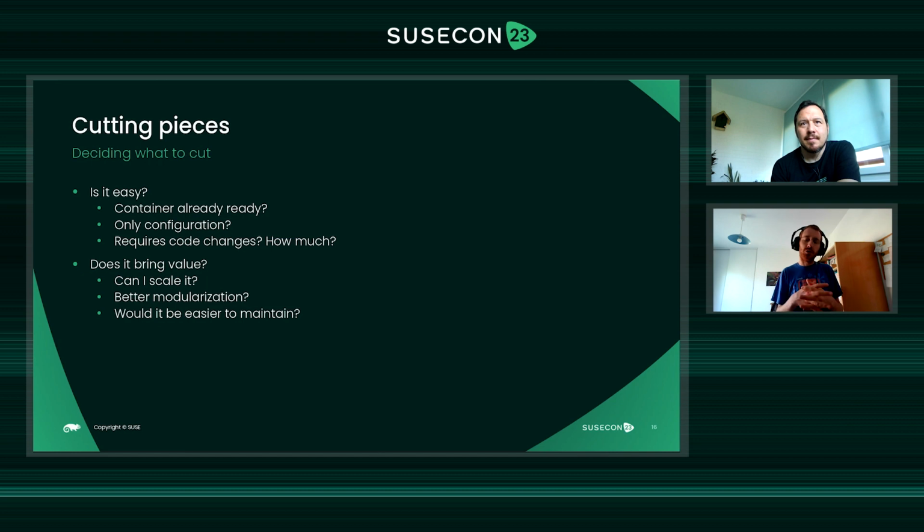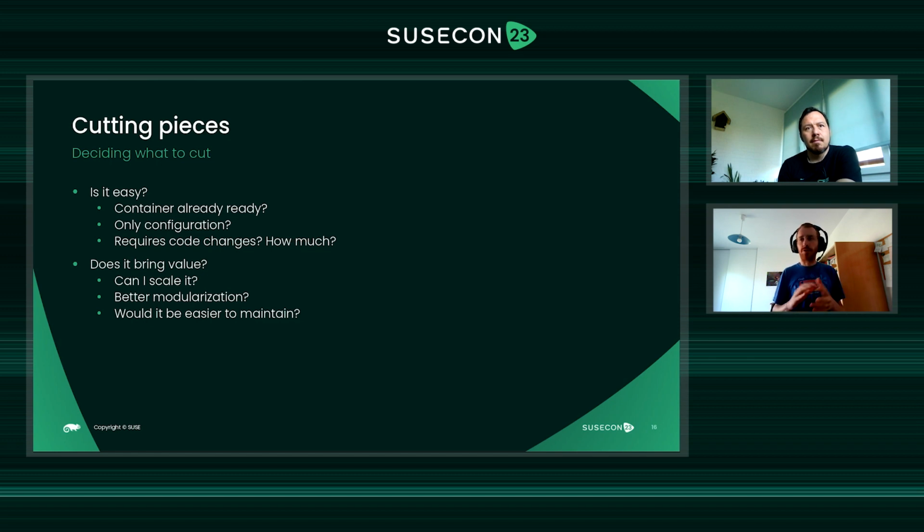But even for the other containers, we'll need to figure out whether we need to change a lot of code to use this container. For instance, the Salt master could be interesting to have as a container, but since we're exchanging a lot of files with it, we may have to change the code writing these files and use APIs instead. So these are things to figure out: what amount of code do we need to change to use these containers?